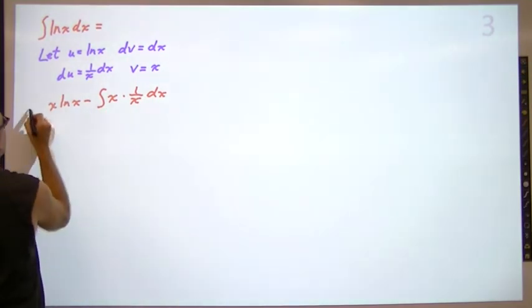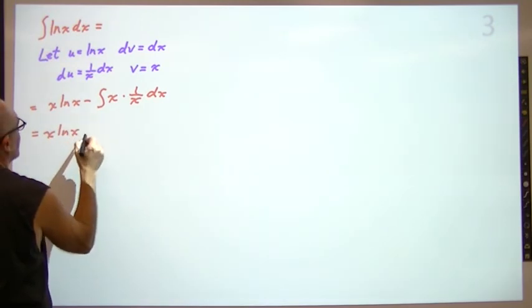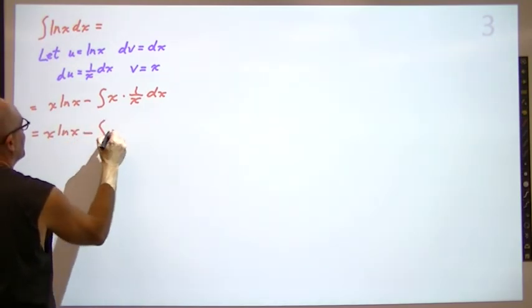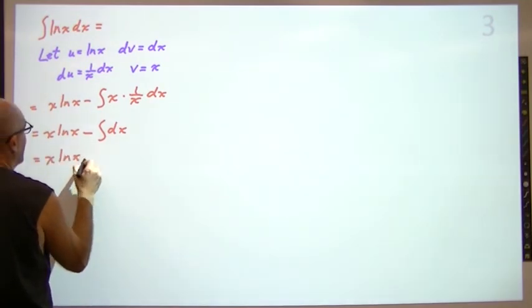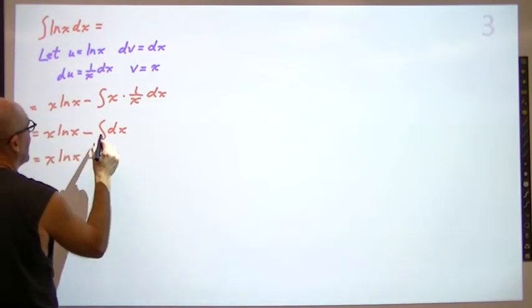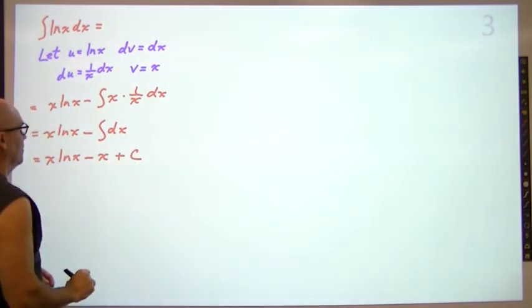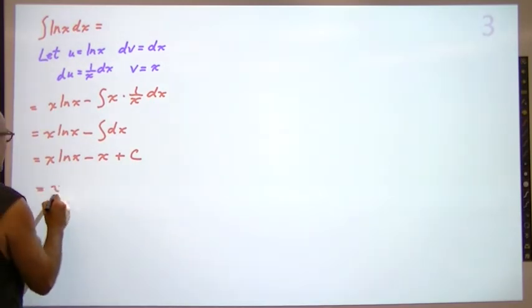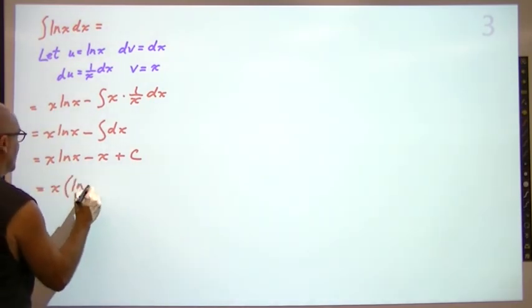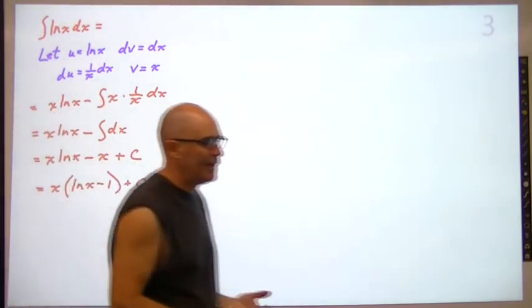So this becomes x natural log x minus the integral of dx, which equals x natural log x minus x plus c. That's it, game over. If you want to, you could factor out an x, but that's not necessary.